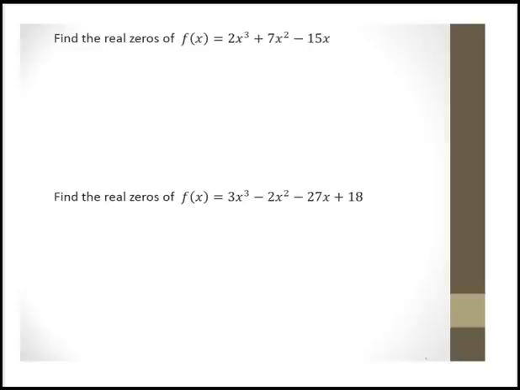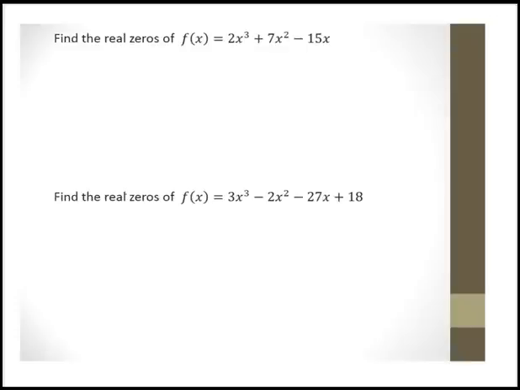Alright, so we have all that information, but sometimes we still need to be able to find the zeros. Now we saw one example of that where we had a form that was already factored. What if we had to find the real zeros of f of x equals 2x cubed plus 7x squared minus 15x?